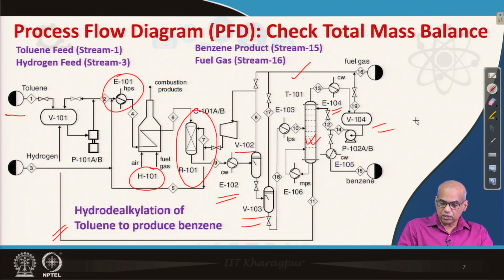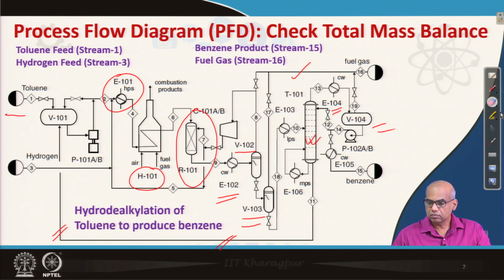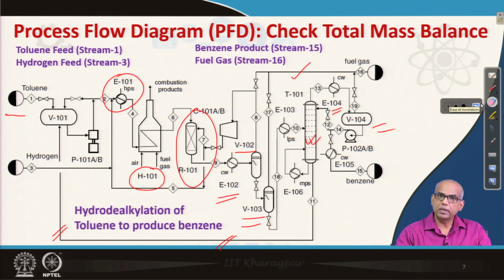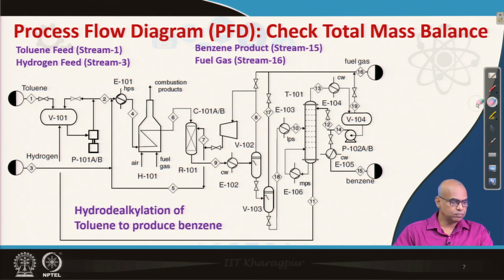The heavier component is toluene, taken from the bottom of the distillation column and recycled. So, this is how the hydrodealkylation of toluene to produce benzene takes place.